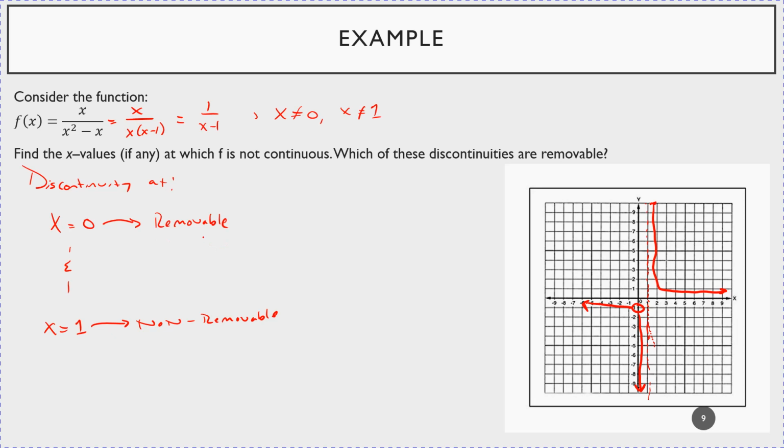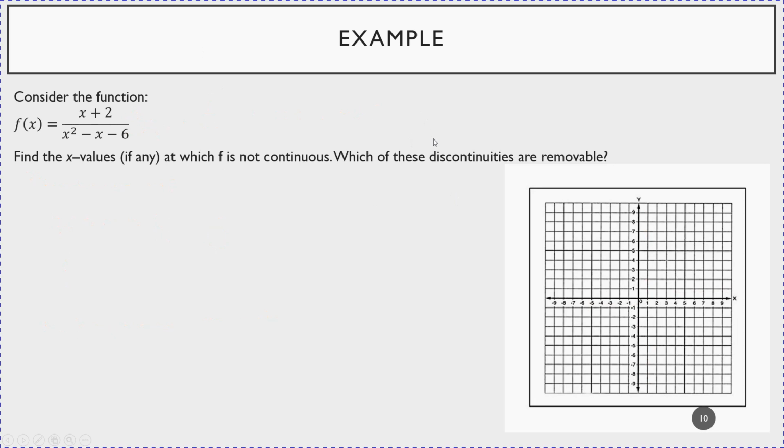All right, let's try another one. Consider this function: f of x is equal to x plus 2 divided by x squared minus x minus 6. We can see that this will factor into x minus 3 times x plus 2.